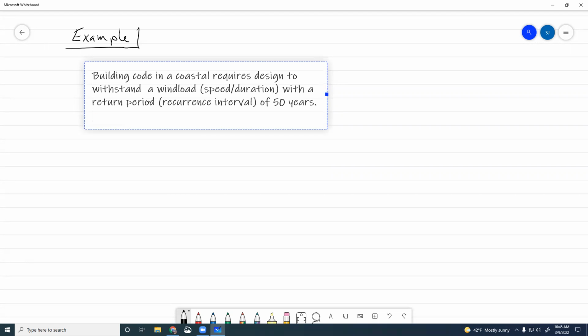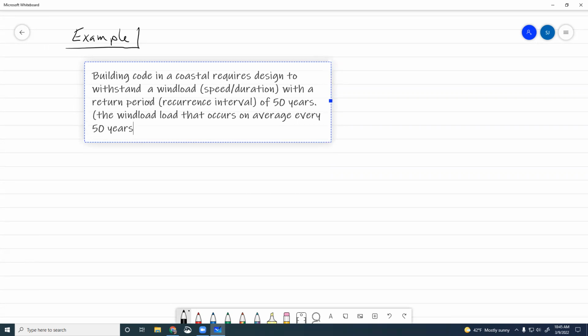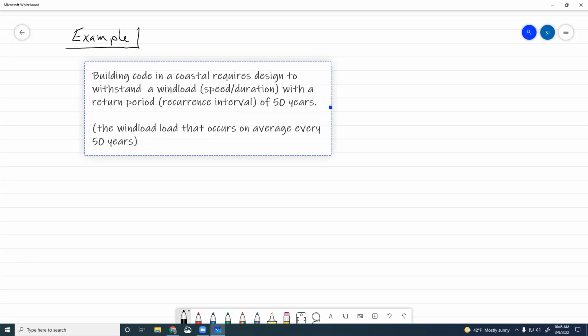Another way to think of this is the wind load that occurs on average every 50 years. So that's the recurrence interval definition.